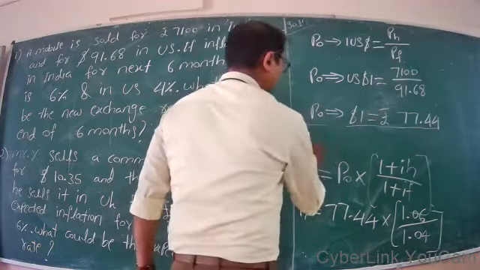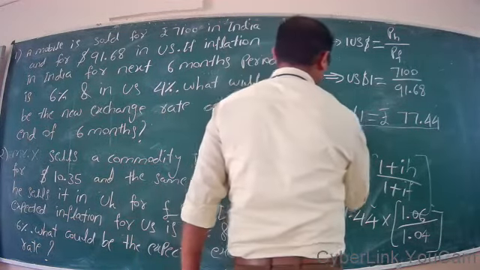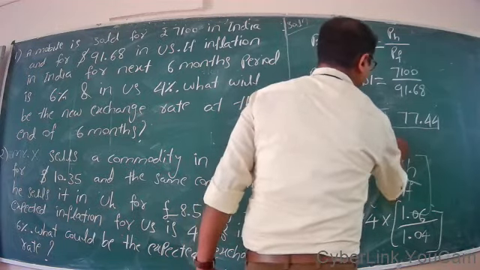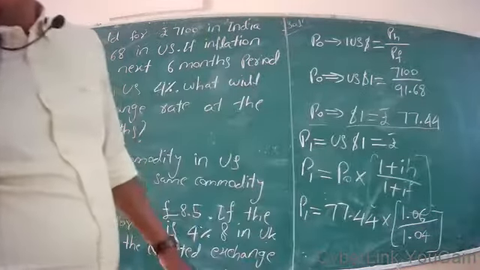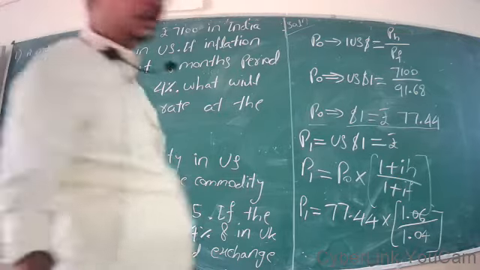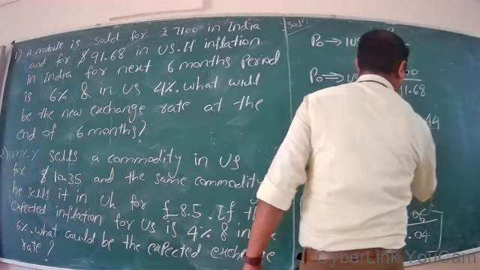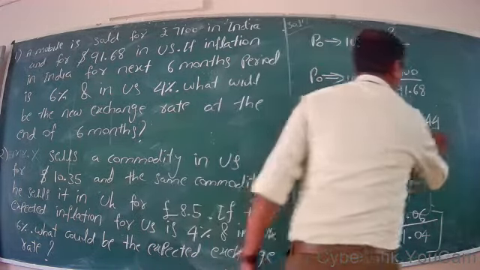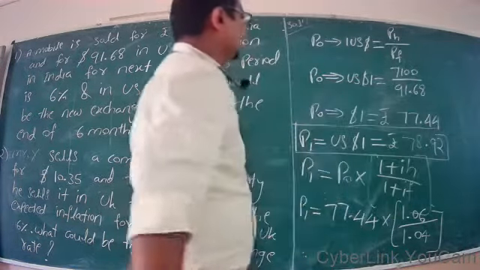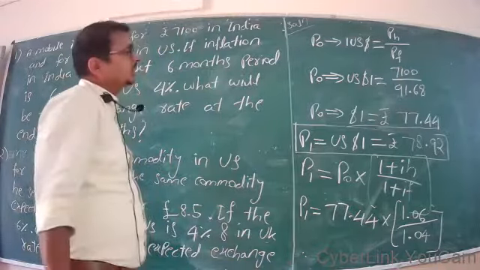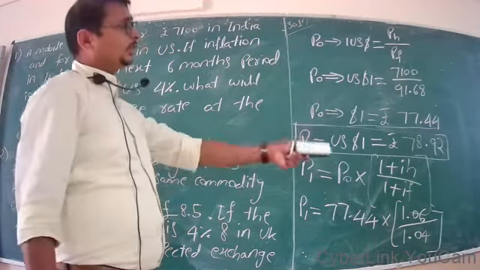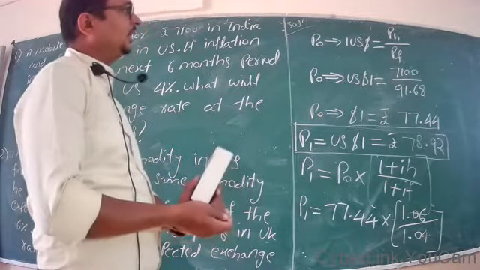So P1, I'm writing here, is 1 US dollar is equal to rupees 78.92. This will be your ultimate answer. That is, the new exchange rate after 6 months for 1 US dollar is rupees 78.92.